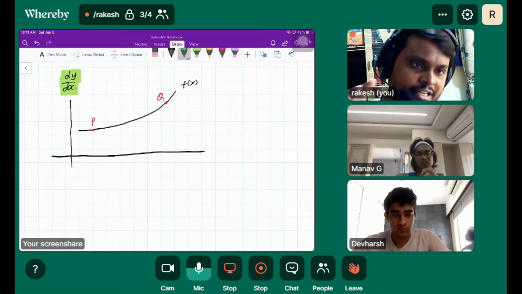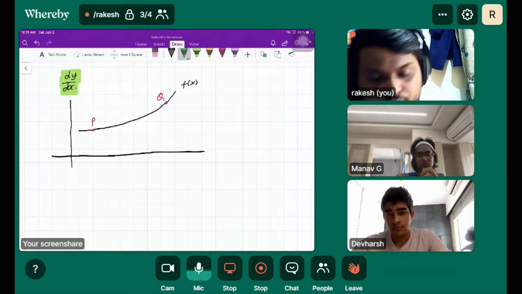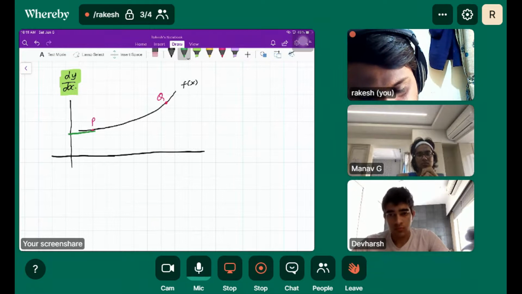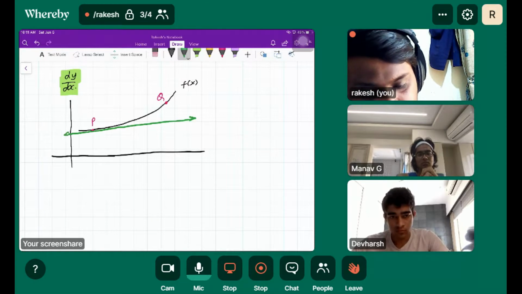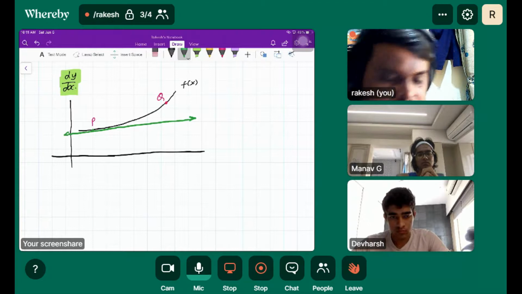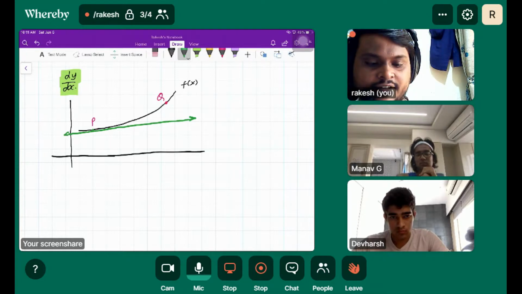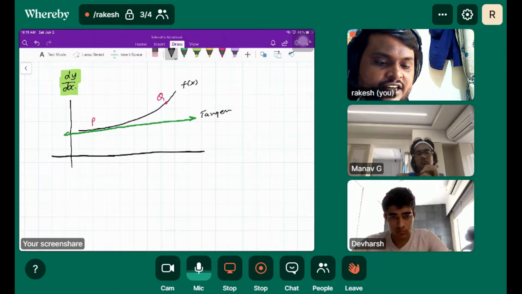That is what the derivative means, so we'll try to investigate that today. This is the tangent line that I have drawn here.